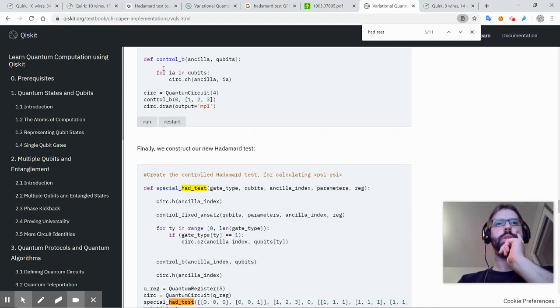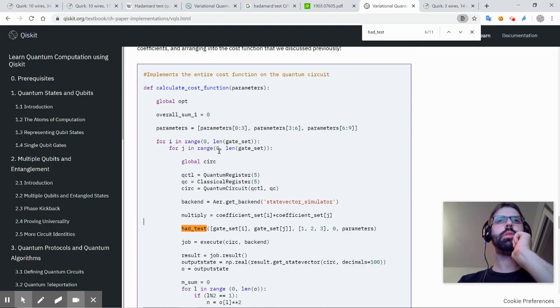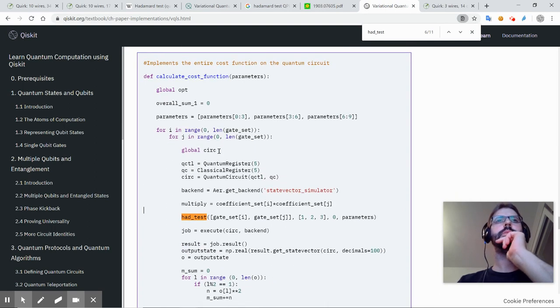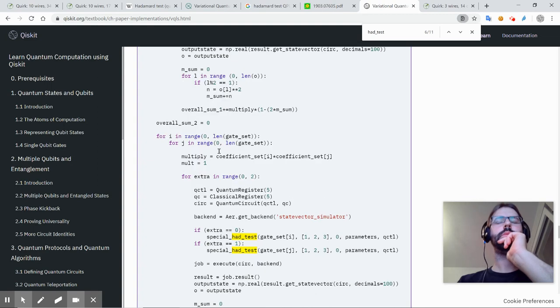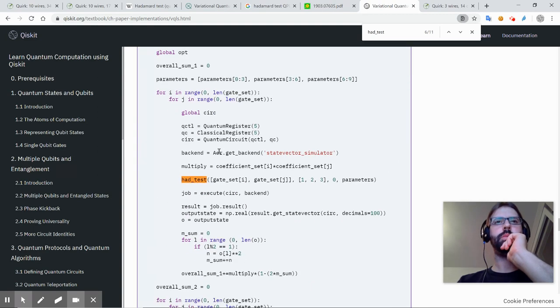Hadamard test, gate set, gate set, gate set. Zero parameters. Gate set, gate set. Where's this gate set coming from?